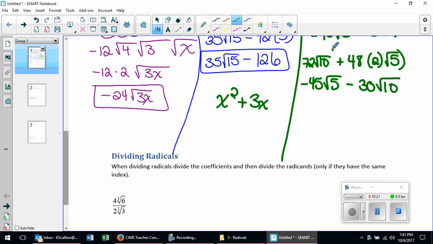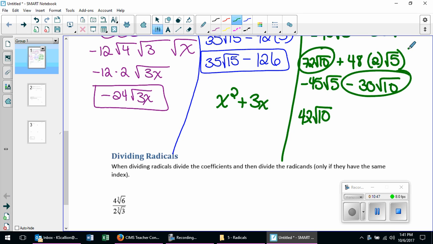So I'm going to combine the like terms that I can. Those two I can combine. So what's that going to give me? Positive 42 root 10. The radical doesn't change when we're combining radicals. And now I've got some root 5s. 48 times 2, 96, right?